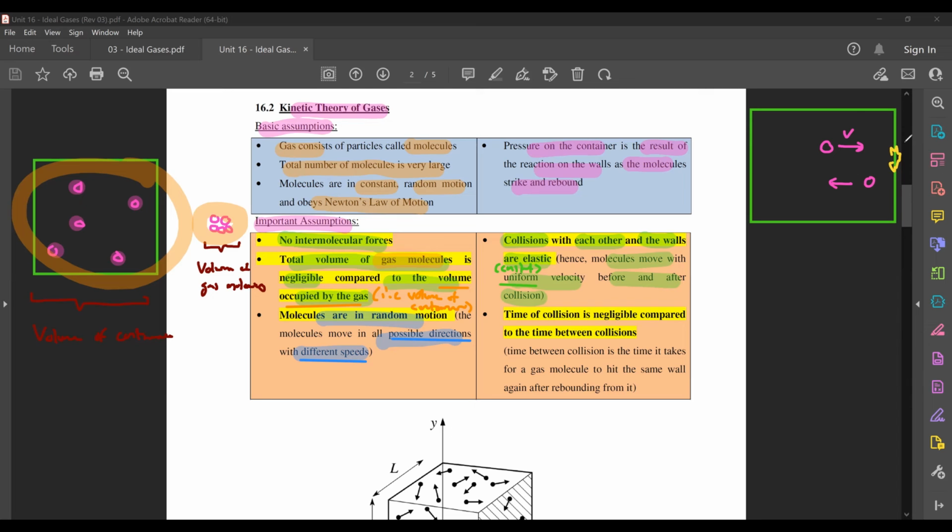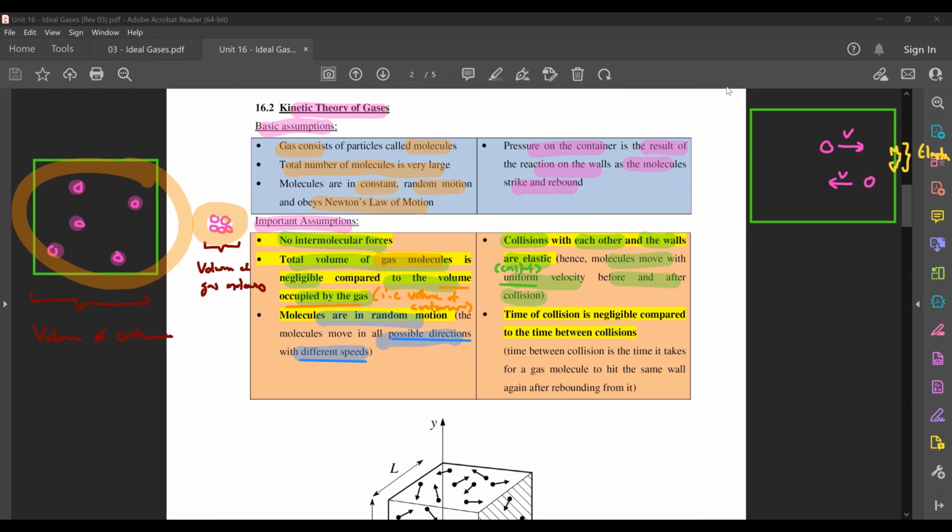But because the collision is elastic, when your molecule rebounds, it should rebound back with the same speed v. That's what this statement is trying to tell you. Your collisions are always elastic, so that when they rebound after collision, you're still having the same velocity. So that is one assumption to remember.